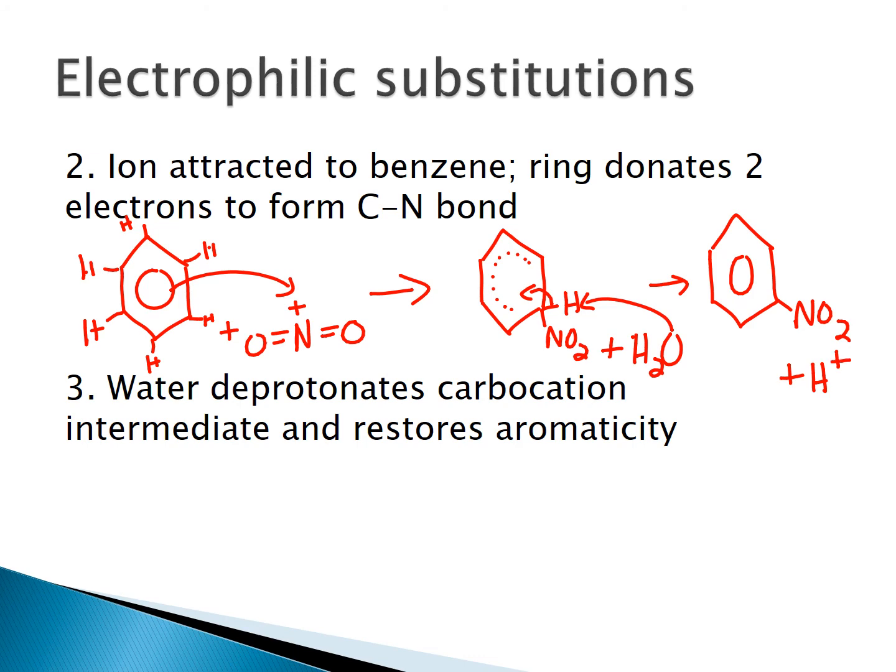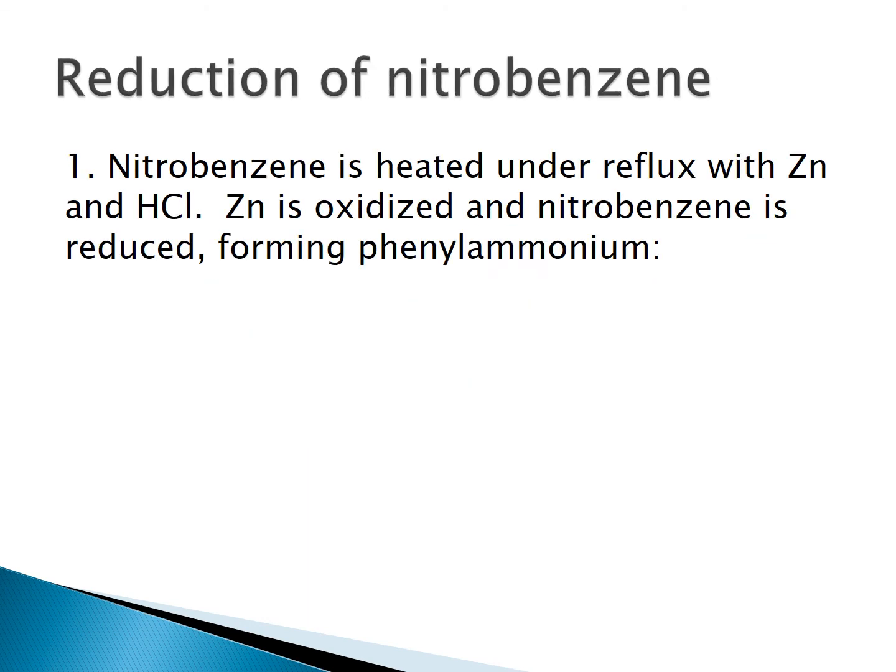And you can write that as plus H plus, or you can write plus H3O plus, the hydronium ion. Either way is perfectly acceptable. So this is, again, a substitution, not an addition reaction, because we still have the same aromaticity we had before. Now, once we've generated nitrobenzene, this can be reduced.